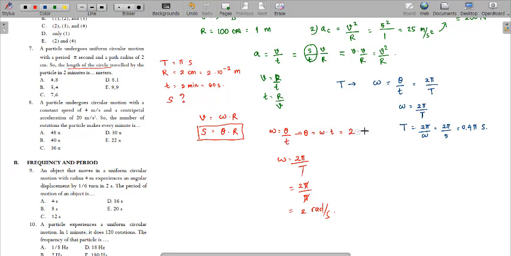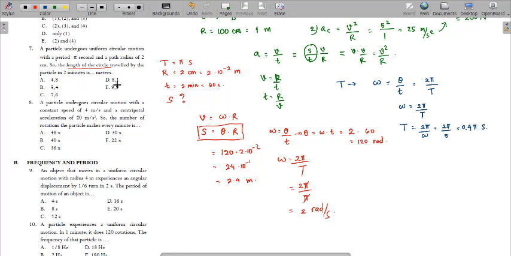Omega is 2 and time you have 60 seconds, so the result is 120 radian. So you got S is 120 times R, 2 times 10 to the minus 2, then you got 24 times 10 to the minus 1 equals 2.4 meters.